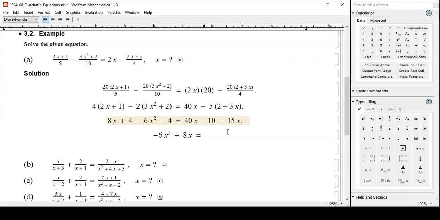Yeah, I probably won't do this in real class when I write on the board with students, because if I do, some student will correct me. Anyway, I caught those in time. Let's check. Is this correct? All right. Left-hand side, negative 6x squared plus 8x, and the right-hand side, 40x minus 15x, so 25x.